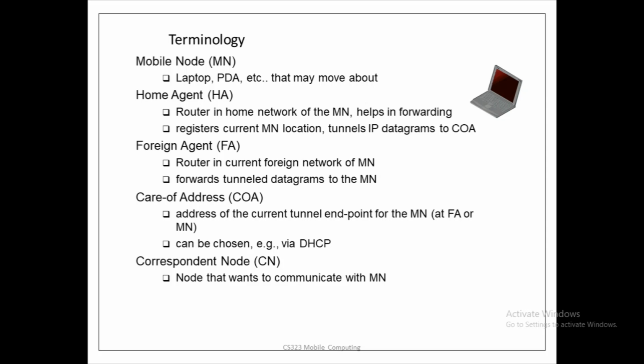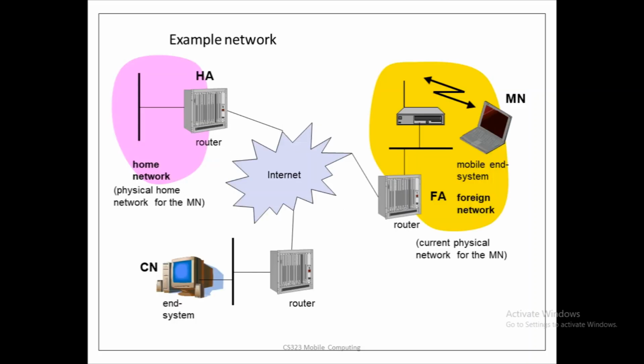After that, corresponding nodes. A corresponding node is the partner of the mobile node in communication. The CN represents these partners, and the CN can be fixed or mobile. It is a node that wants to communicate with the mobile node, right?